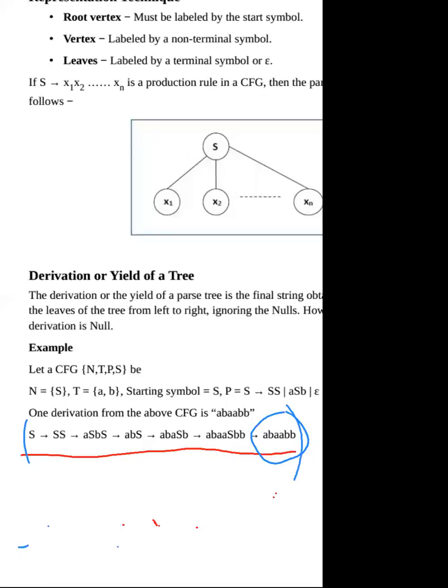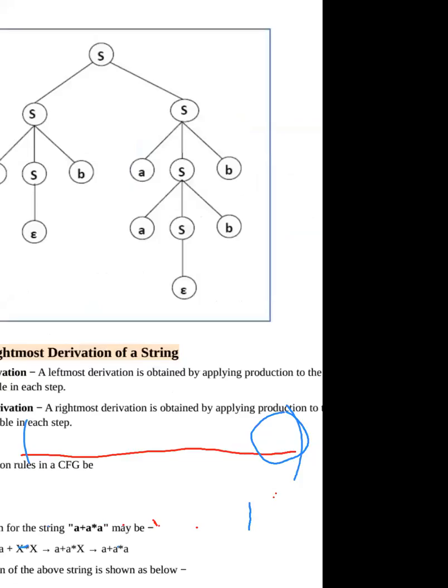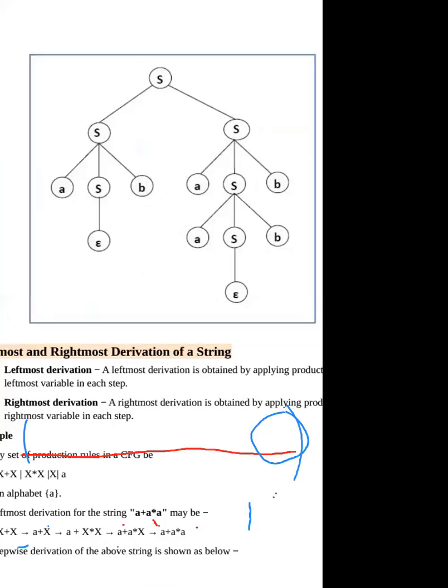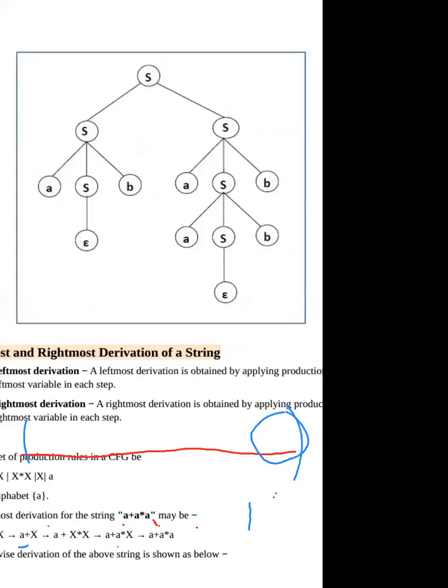After doing it, tell me. Done? Completed? Yes, sir. So we are going to the next slide. Now look at this tree. Just look at your derivation, which you just copied.